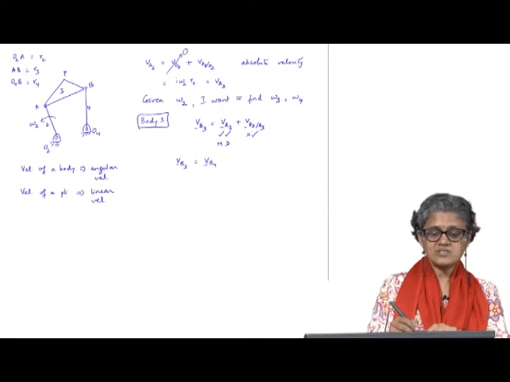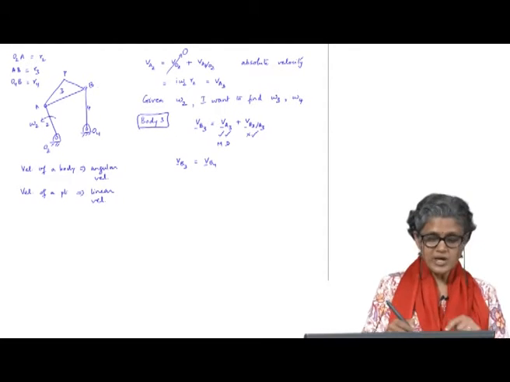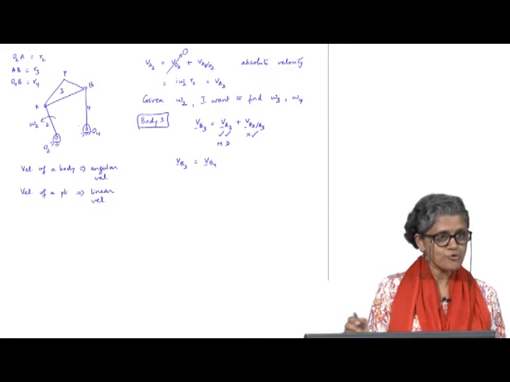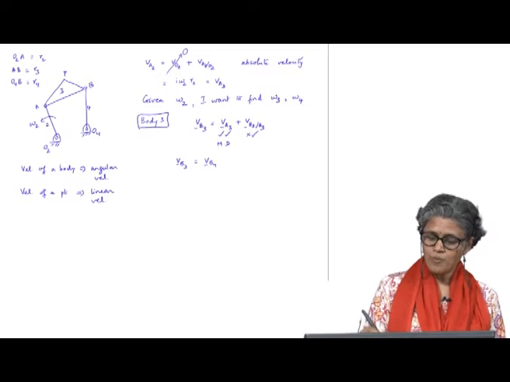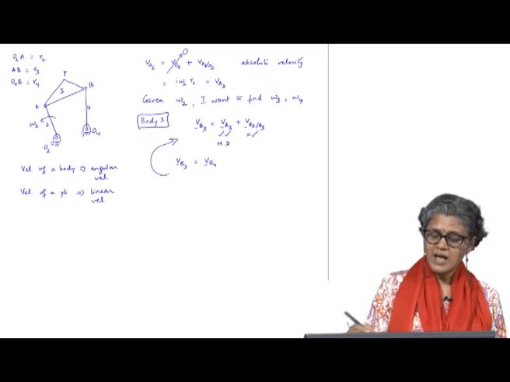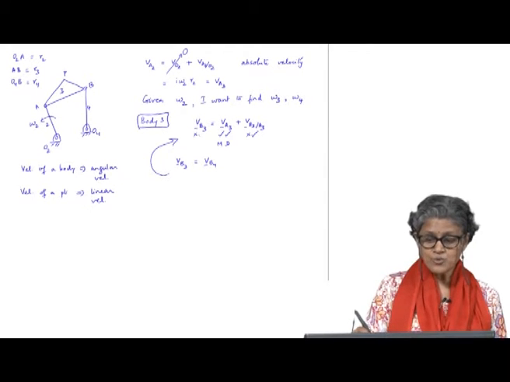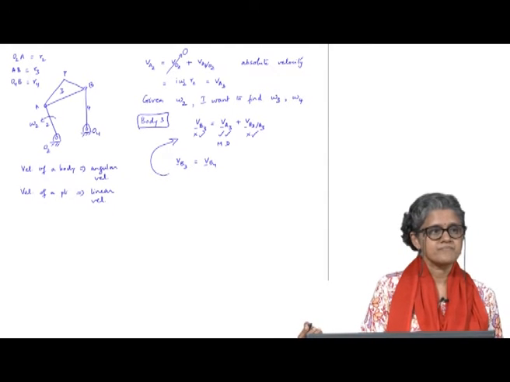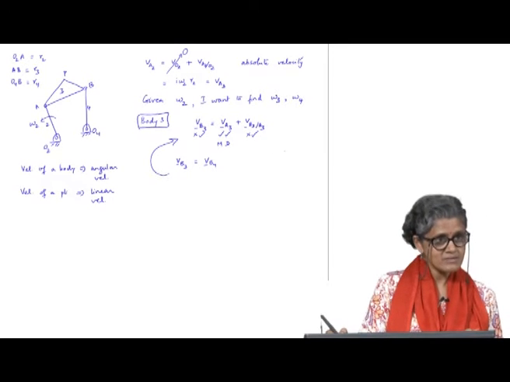If this is in pure rotation, then the velocity of B is going to be perpendicular to O4B. So, I know that. If I go back to this, I do not know the magnitude, because I do not know omega 4, but I do know the direction. So, now this becomes a vector equation that I can solve for two unknowns.